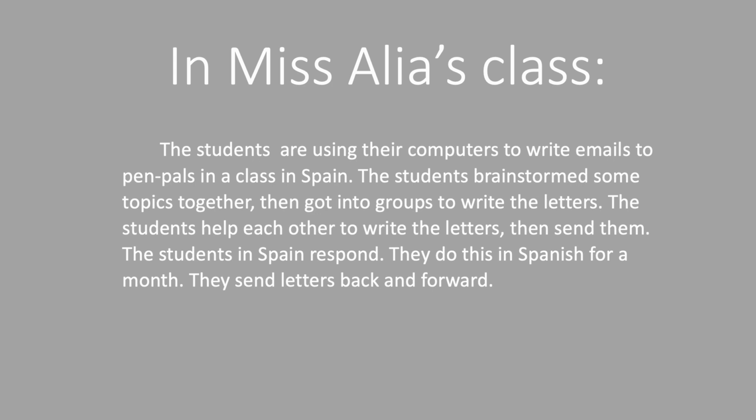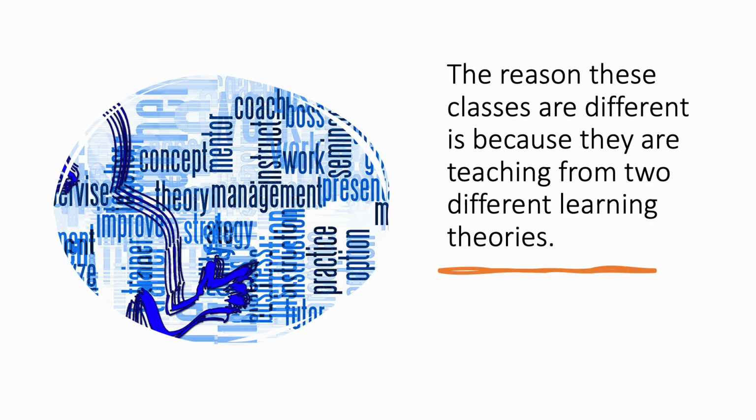So we have two classes, right? We have Miss Sheha's class with the students sitting in front of their computers filling out these sentences. Then we have Miss Alia's class where the students are writing in groups, brainstorming together. Now, why are these classes different? Well, these classes are different because the teachers have different learning theories, right?